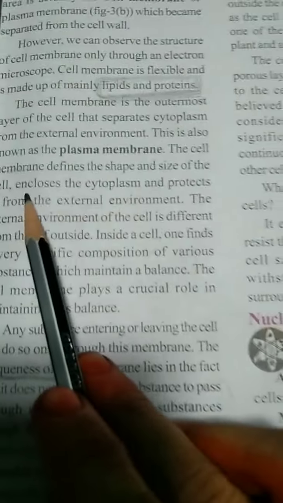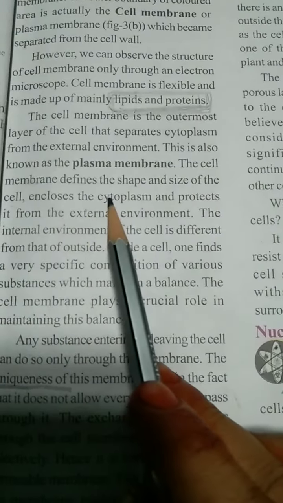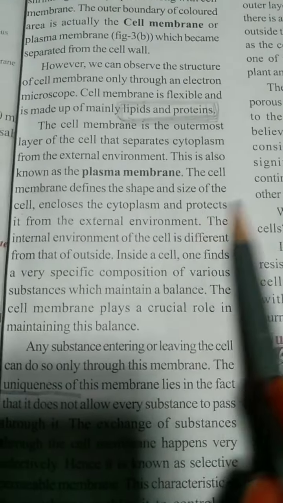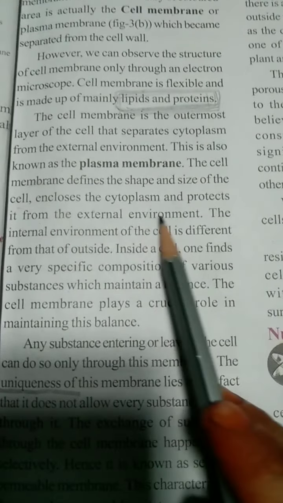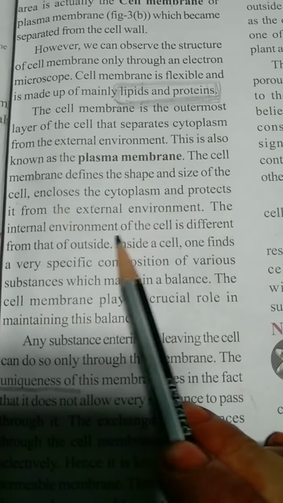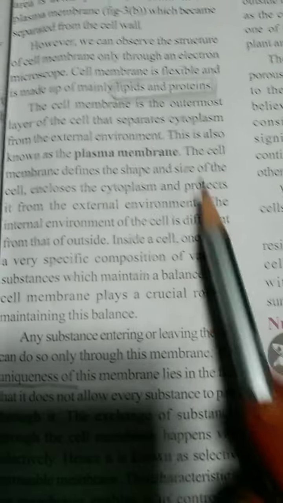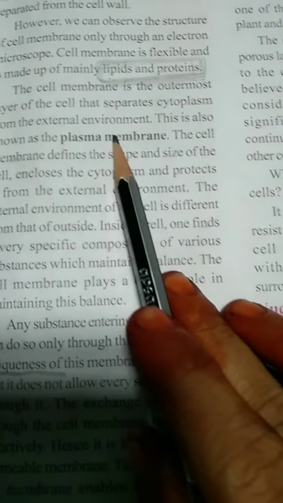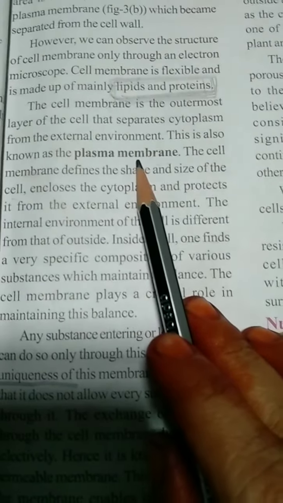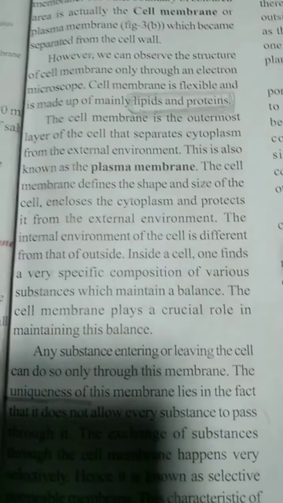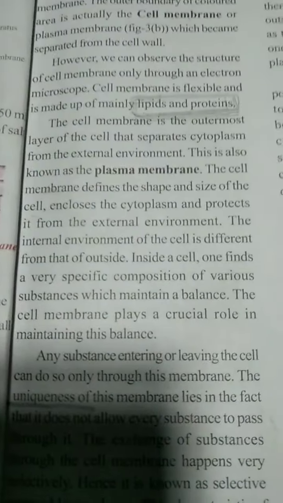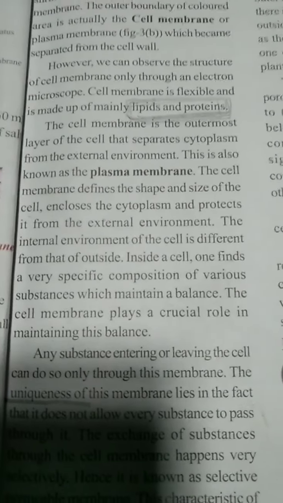The cell membrane defines the shape and size of the cell, encloses the cytoplasm, and protects it from the external environment. This plasma membrane plays a vital role by separating the external environment and the internal environment of a cell.